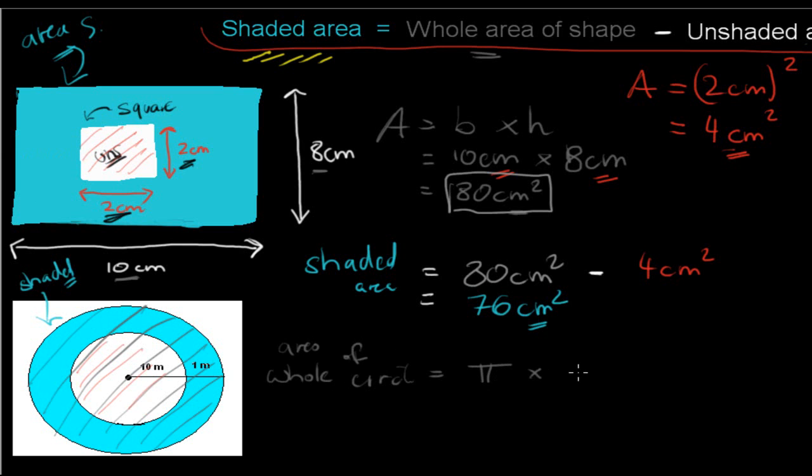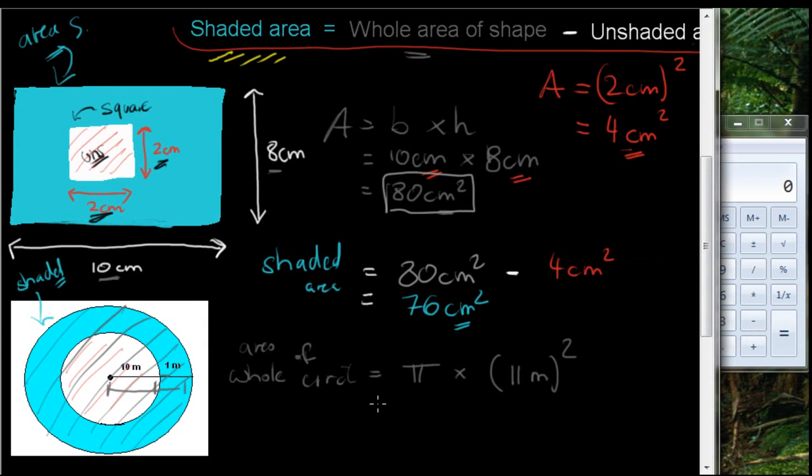Now in this case, r is going to be 10 meters, which is this part here. It's 10 meters. But we're also going to add this one here, this part, which is another meter. So basically 10 plus 1 is going to be the radius, which we need to get our actual area. So 10 plus 1 is 11. So 11 meters would be our actual radius. So in this case we can do that.